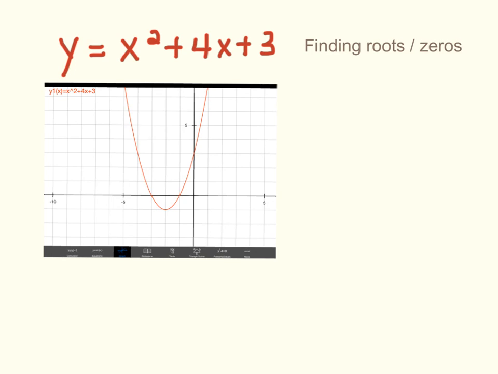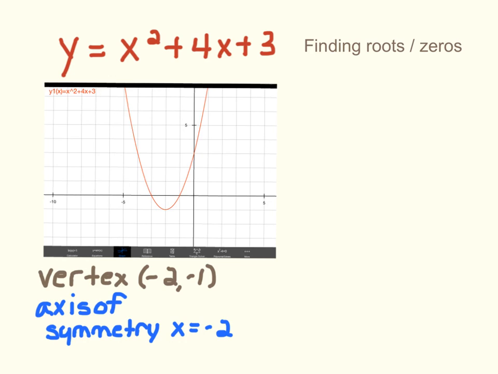That point is negative 2, negative 1. The axis of symmetry would be x is equal to negative 2. If we drew a vertical line through the vertex, it would go right here where x is equal to negative 2.